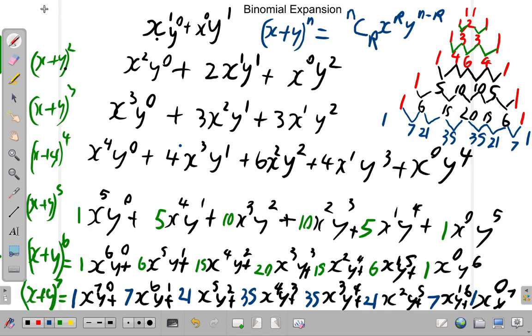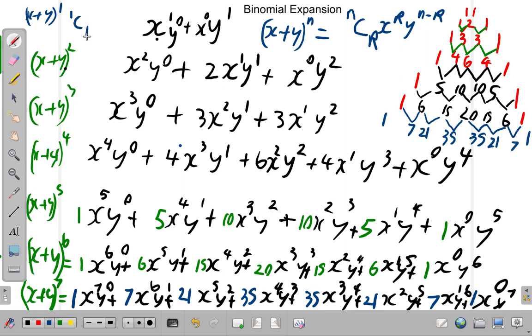So you expect when you expand x plus y to the 1, you have 1x to choose. So you say 1 available, C, and you choose the 1x, or the 1y and you choose the 1y.